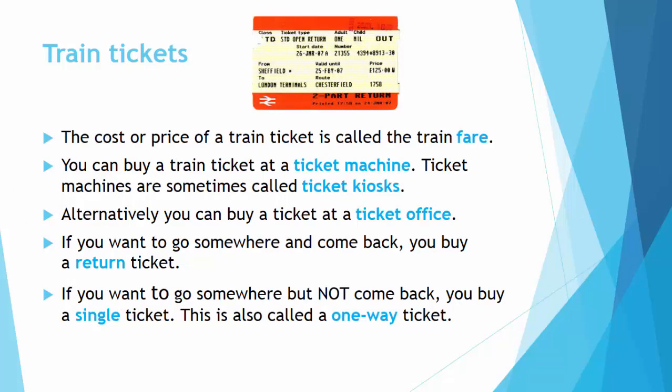Train tickets. The cost or price of a train ticket is called the train fare. You can buy a train ticket at a ticket machine. Ticket machines are sometimes called ticket kiosks.